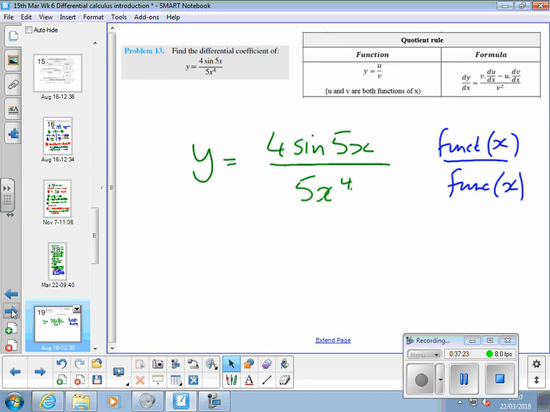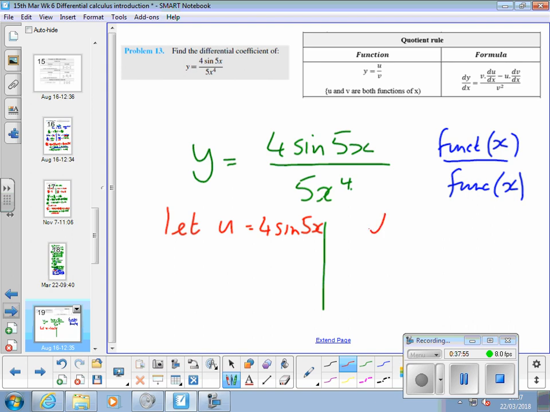So what we do is we let u equal 4 sine 5x, and it must be the numerator. We can't let u equal 5x to the power of 4. In the product rule, you can get them the wrong way round and still get the right answer, but not in the quotient rule. And we let v equal 5x to the power of 4.